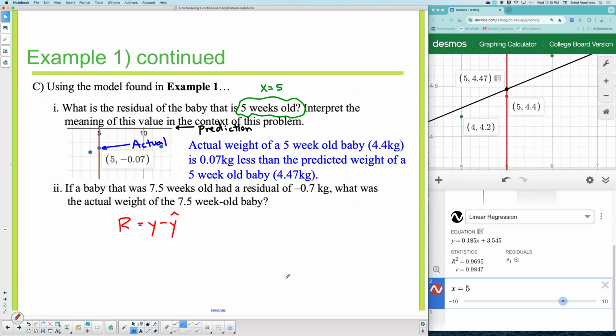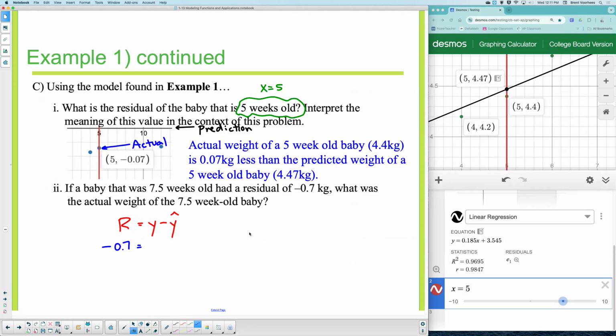That was the formula from the previous slide. On this problem, what does it say the residual is? Negative 0.7. If that's the residual, and they don't tell us the actual, that says... All right. We don't even know any of that.